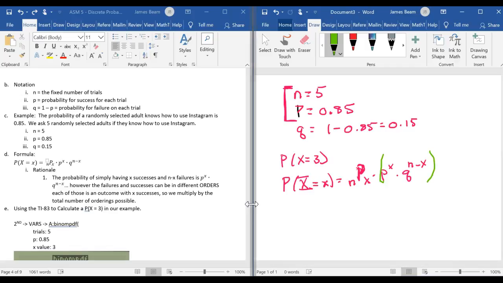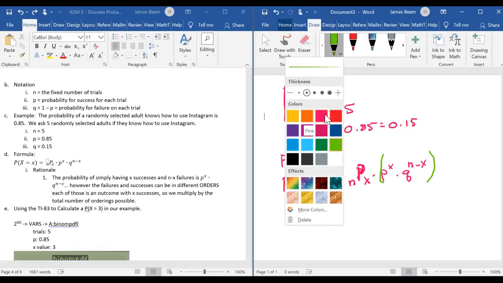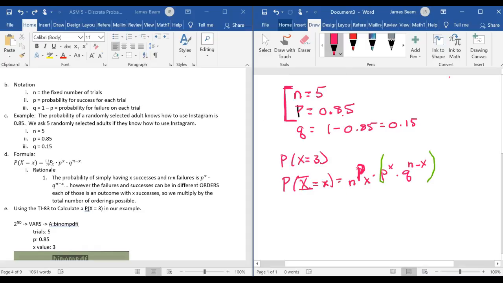This is saying I'm going to have x successes, so that means the multiplication rule. The chance of x successes is 0.85 times 0.85 times 0.85, x times, which means I'm going to have n minus x failures: 0.15, 0.15, 0.15, n minus x times.